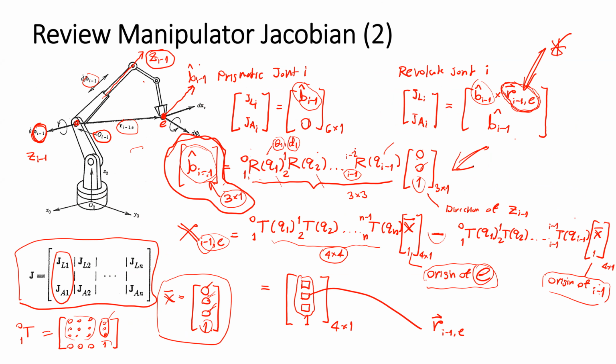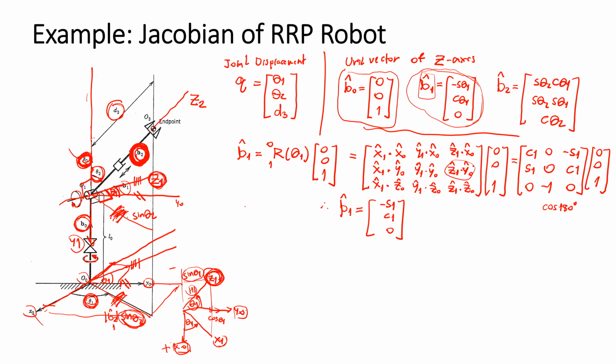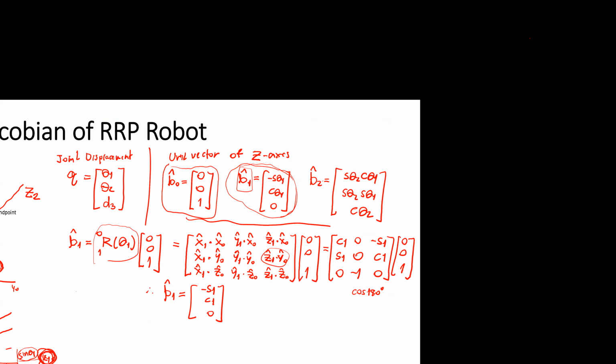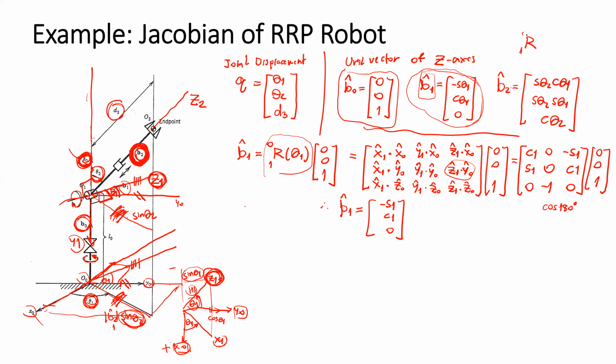If the system is complicated and you cannot figure it out by eye, you can obtain it by the rotation matrix. If you want to obtain B2, you need to find the rotation matrix 1 per 0, theta 1, 2 per 1, theta 2, and then multiply by 0, 0, 1. And then you will get this one. I think you can check. And yeah, now we compose the rotation matrix.